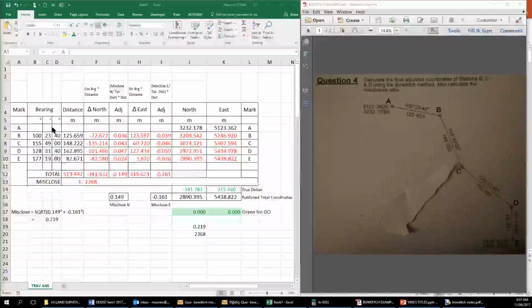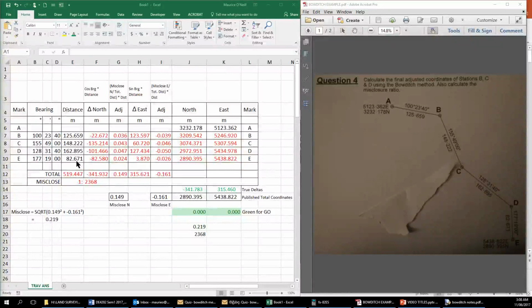I've had to write the bearings in this format because, as you'll see, Excel doesn't work in degrees, it works in radians. So we need to convert everything to radians to use the trig ratios, sine and cosine. Now, I've done this in an Excel spreadsheet so that I can be quite sure of my answers, but I will show you how to get all of the answers using a calculator.